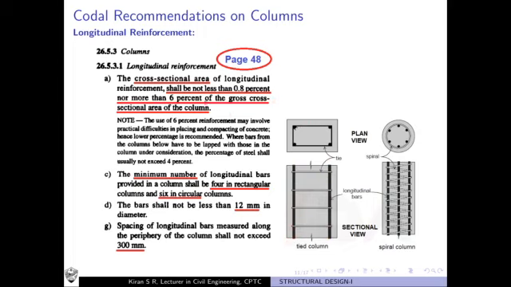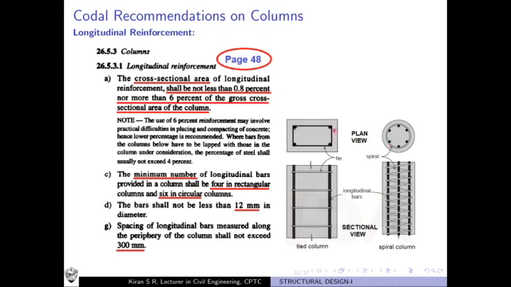The cross-section of the column is shown here, both rectangular as well as circular, in which you can see the longitudinal bar cross-sections.